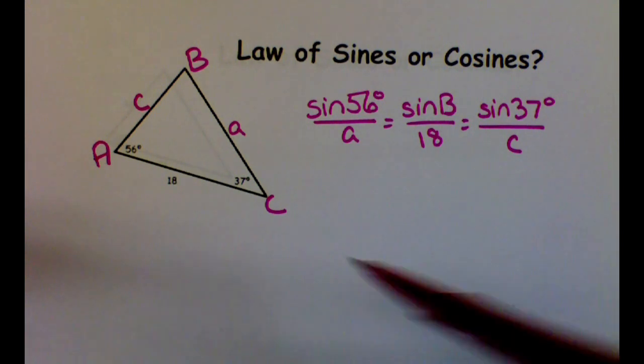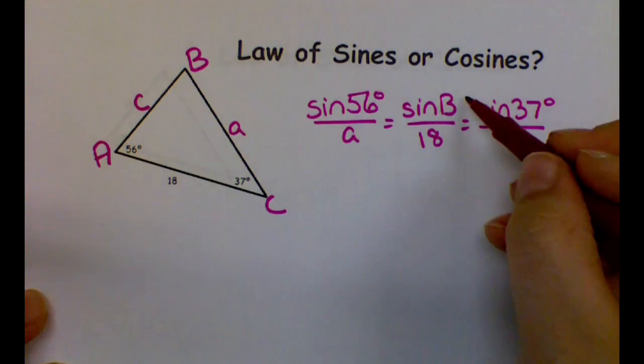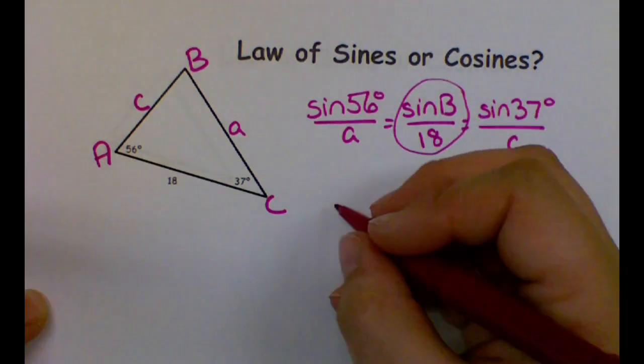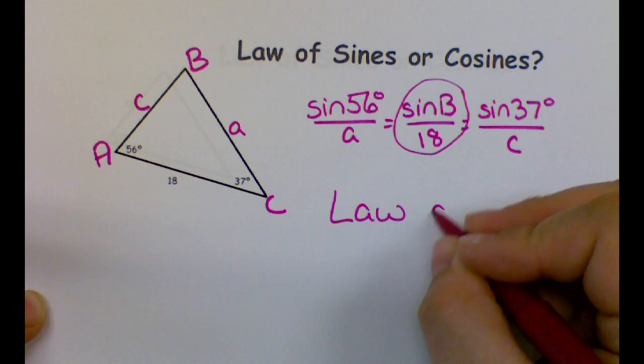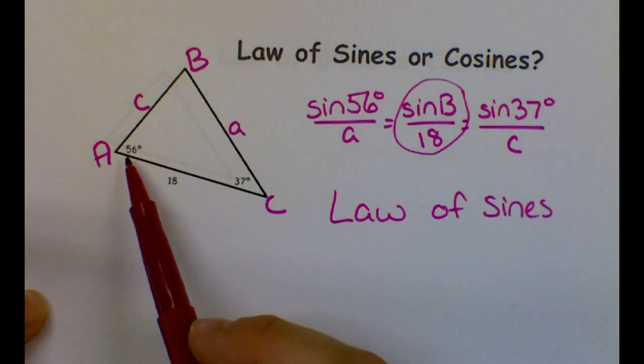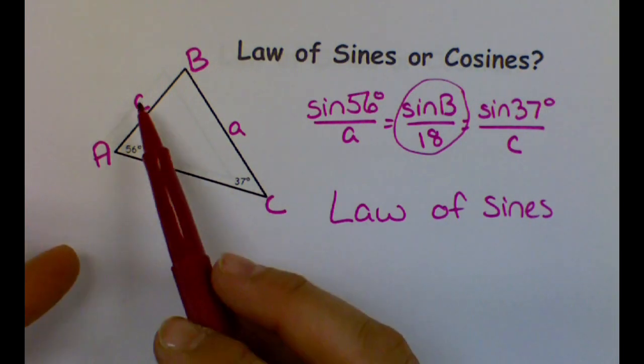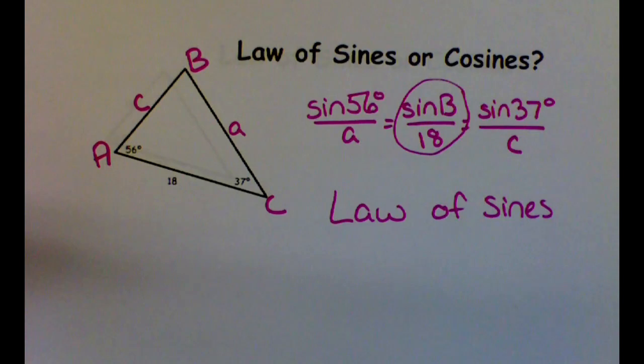But also notice that I could easily find angle B by subtracting from 180, so I would have an anchor, which means this is a law of sines problem. Notice that if I tried to set up the law of cosines, it only uses one angle, and it uses two sides. Doesn't really work out.